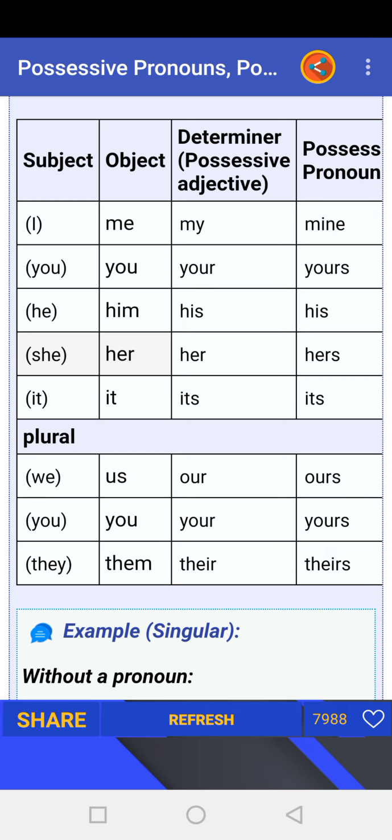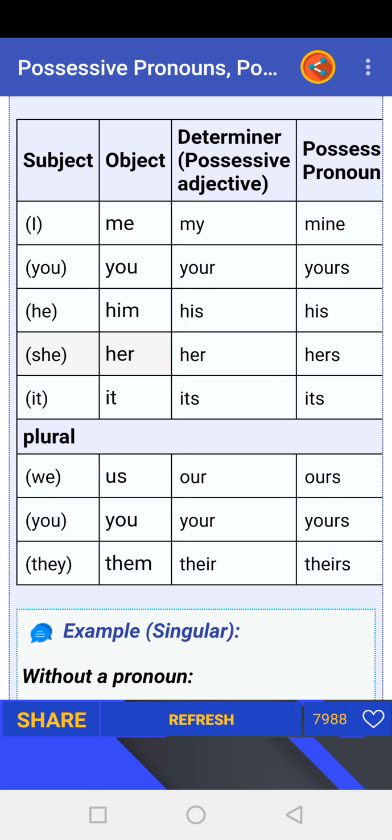Determiner and possessive adjective. So just to specify that the determiner and the possessive adjective are not pronouns. The determiners aren't pronouns because they don't replace a noun in the sentence. And we'll see that later in the video. So we have a full explanation of the difference between the determiners and the pronouns.